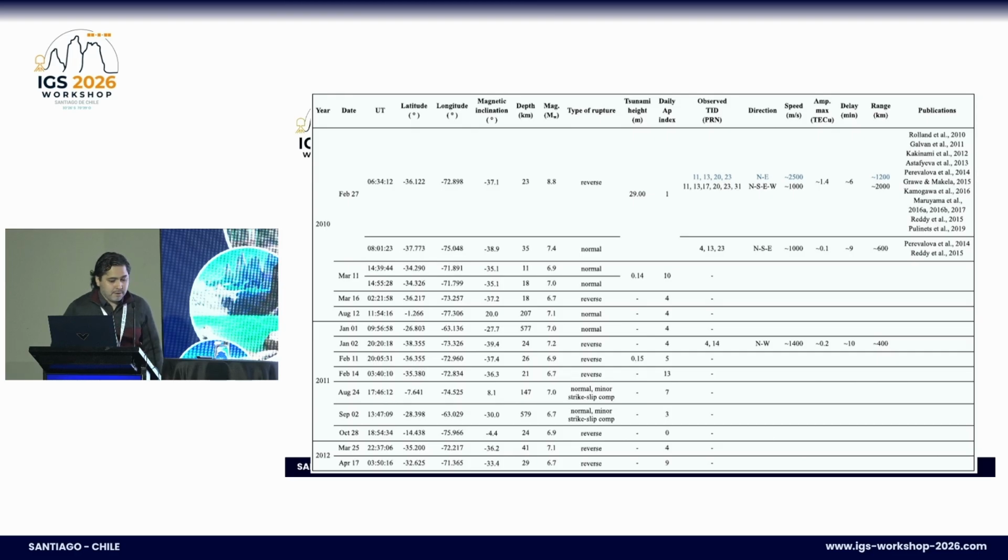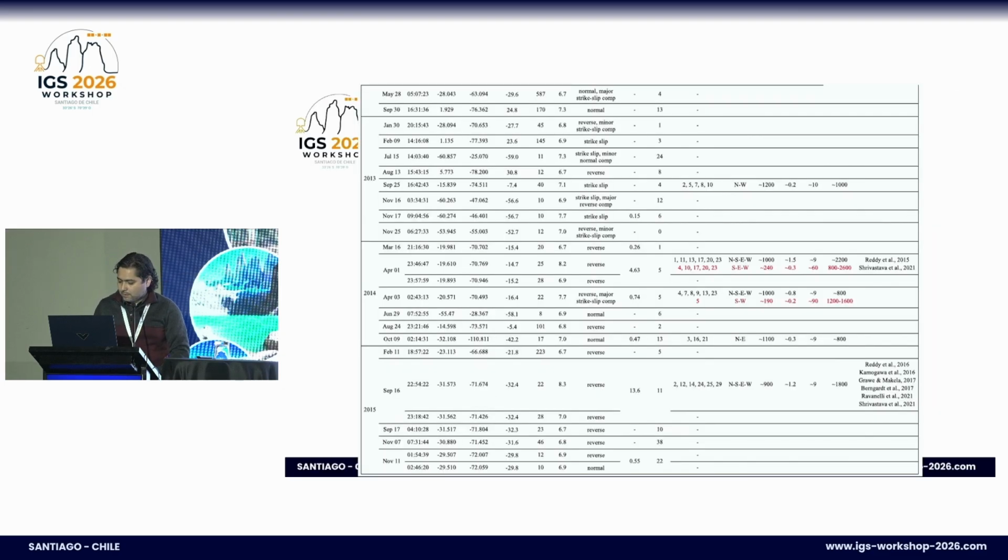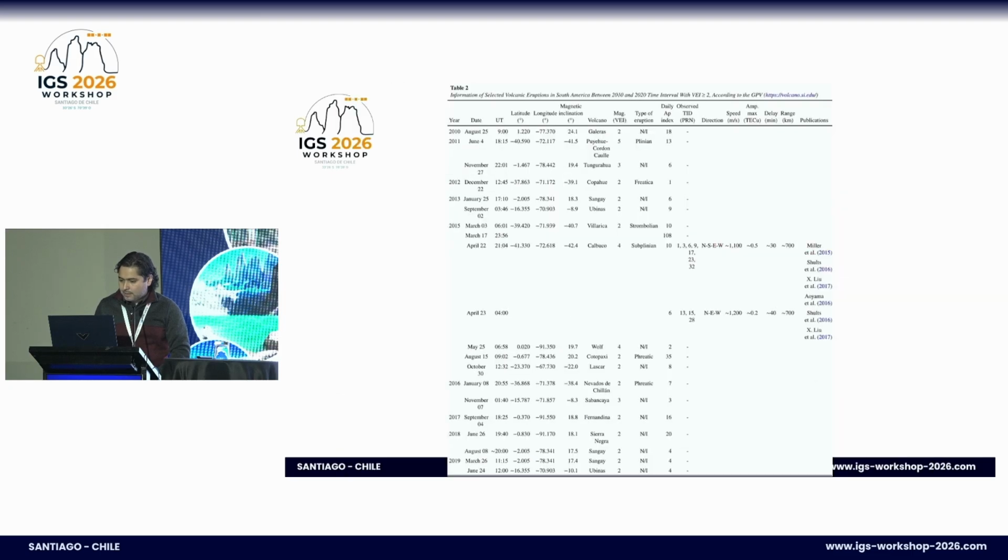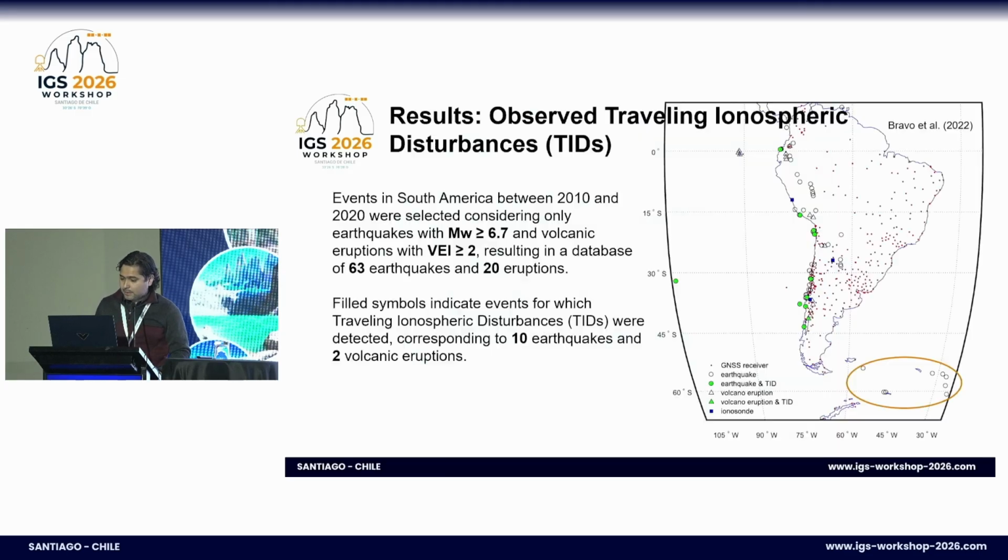This is the table of the 63 earthquakes, where a TID is observed when you have the 7th column, the satellite. This is the continuation of the table. And this is the table of the volcanic eruptions, where only 2 TIDs are observed.